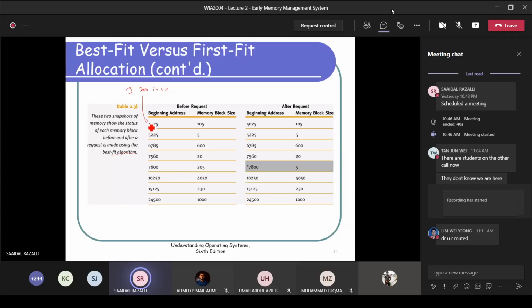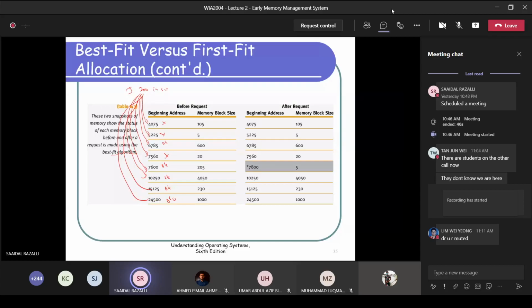First it searches this one, this one, okay. But still it searches the entire table. This one, okay. This one is okay as well. So it searches the entire table.